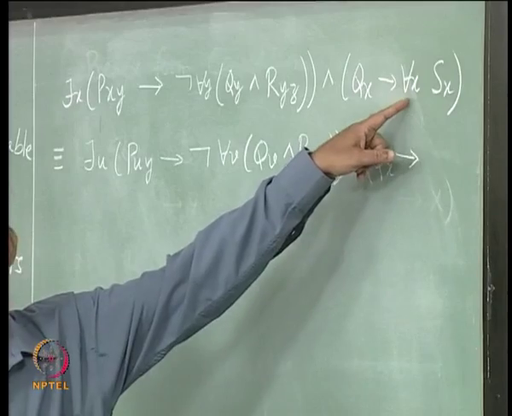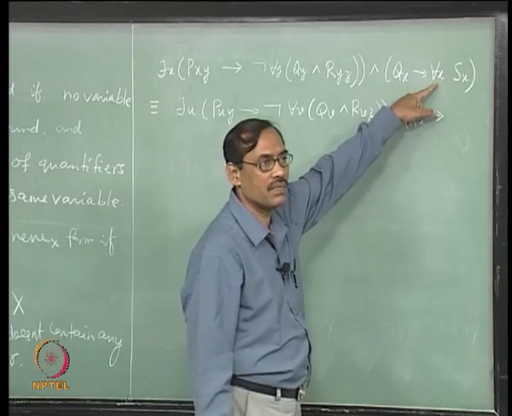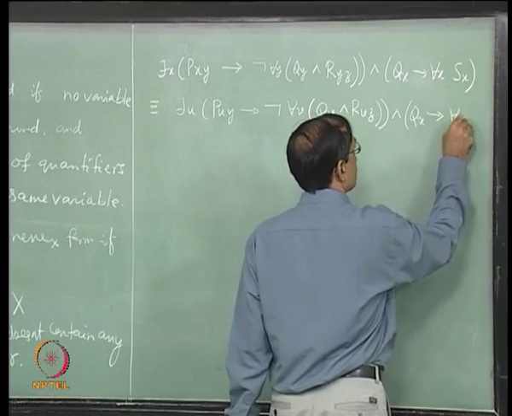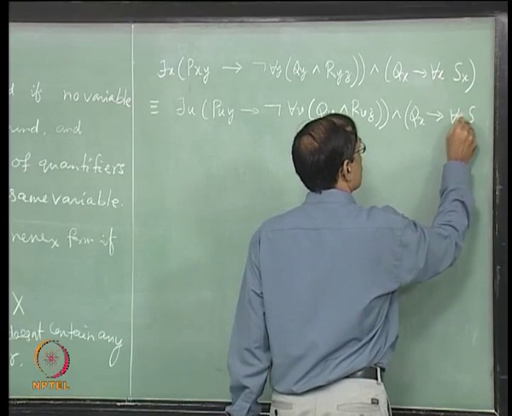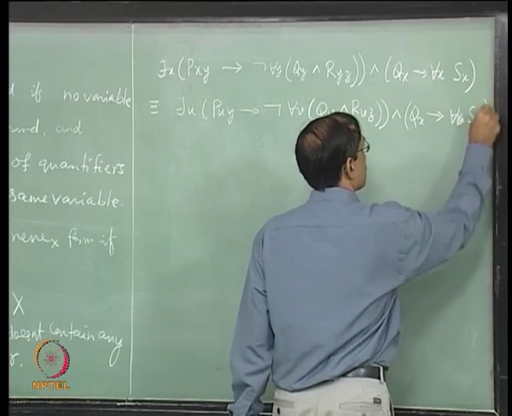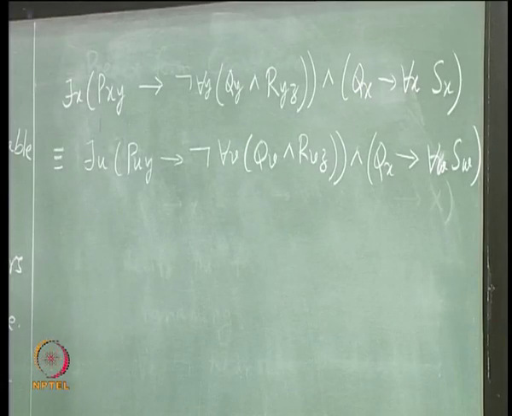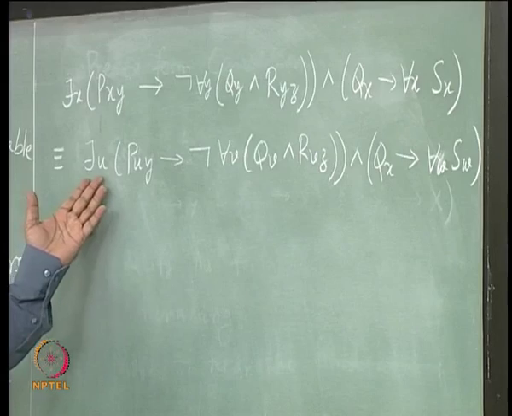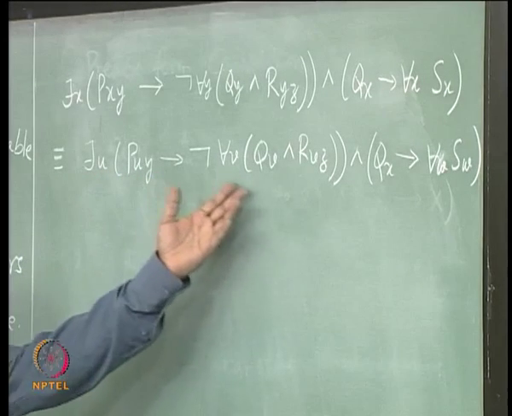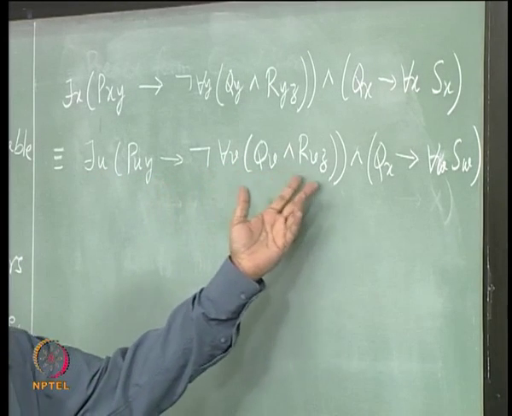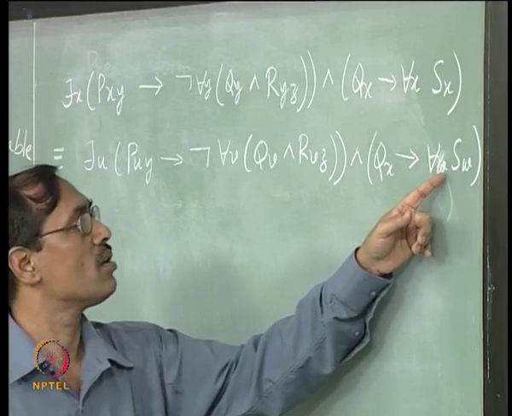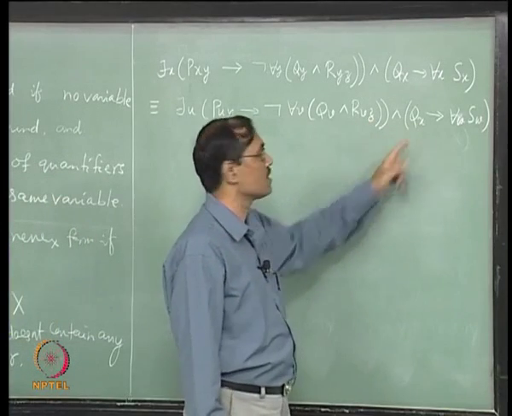Then this bound occurrence will be renamed differently. So, let us write for each x s w s w. Now, is it rectified? Yes. u is only bound, v is only bound, and w is only bound, z is free, x is free.